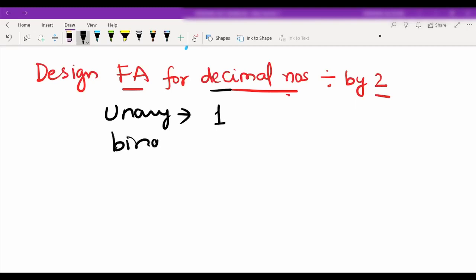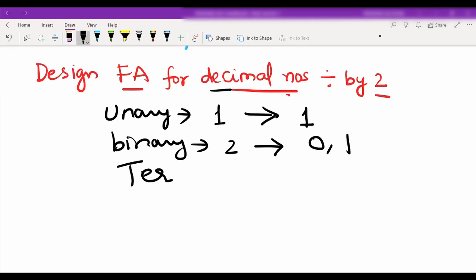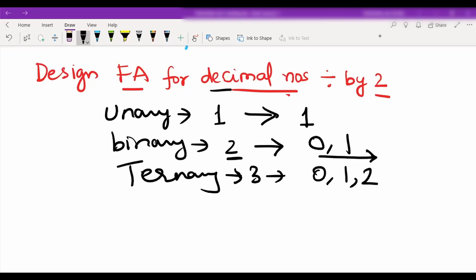Binary means 2, so 2 bits were needed: 0 and 1. In the ternary number system, we used 3 bits: 0, 1 and 2. In binary, 2 will not be present, only 0 and 1. 3 will not be present in ternary, so the base itself is never present.